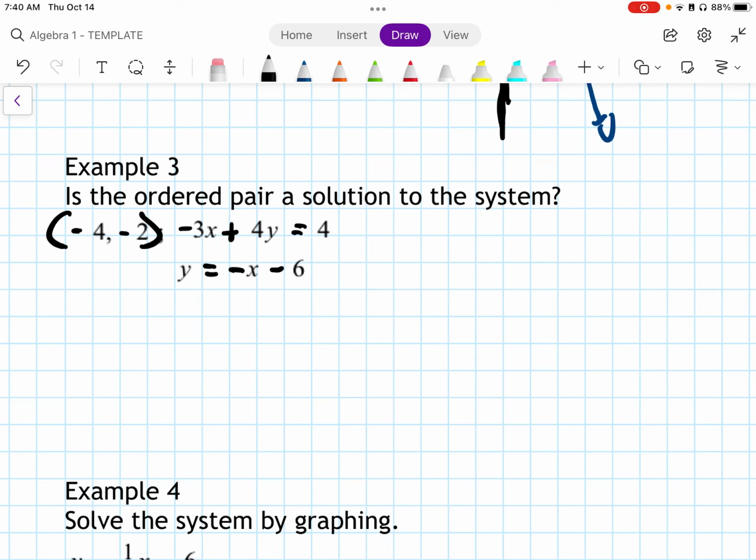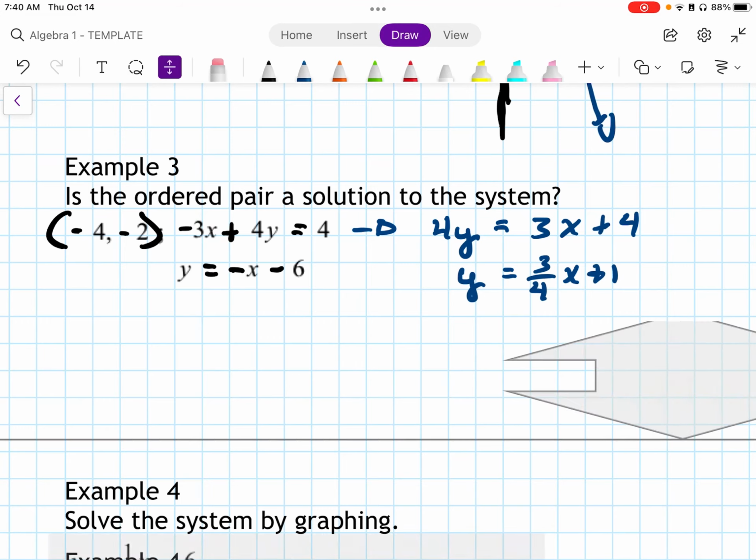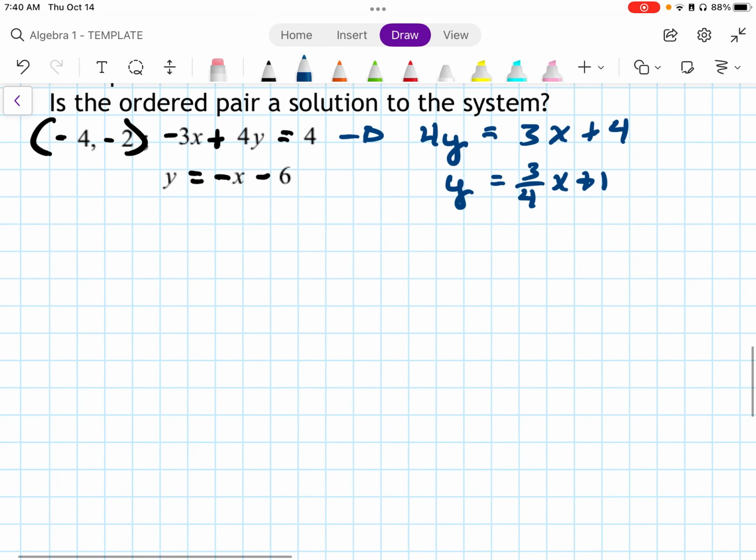Solving this one, I'm going to get the top one and solve it for y because I want to put it in slope-intercept form. That would be 4y equals 3x plus 4. And then dividing by 4, I'd have y equals 3/4 x plus 1. Right. Now they're both in slope-intercept form, and it would be easier to graph.